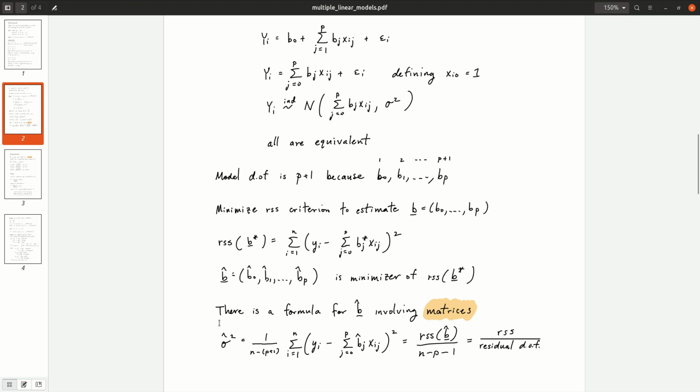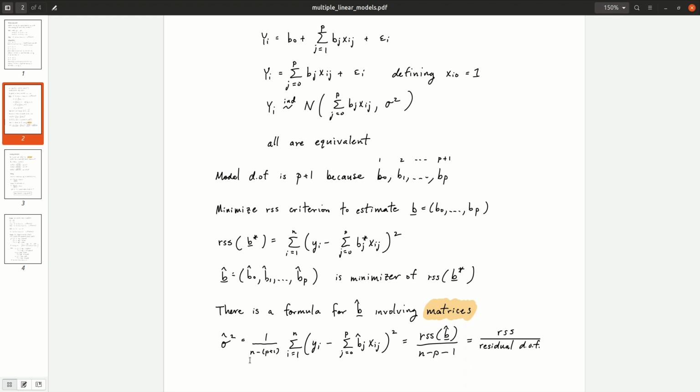Now the formula for the estimate of the variance parameter is going to be the same as we had before. We take the residual sum of squares evaluated at the minimizer, and then we divide by the residual degrees of freedom, which is simply n minus the model degrees of freedom. You'll see me write this two different ways.